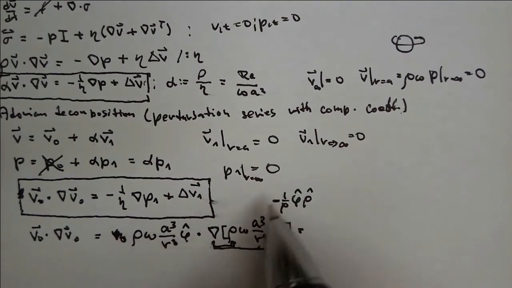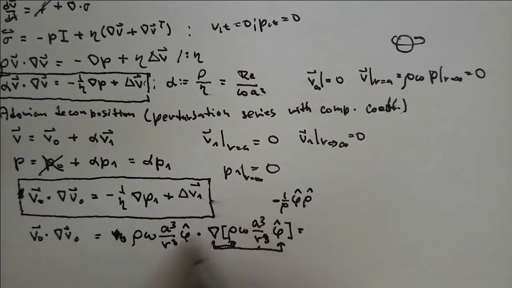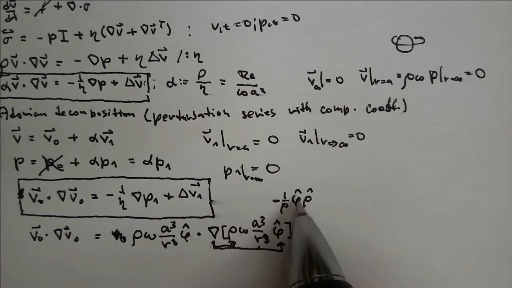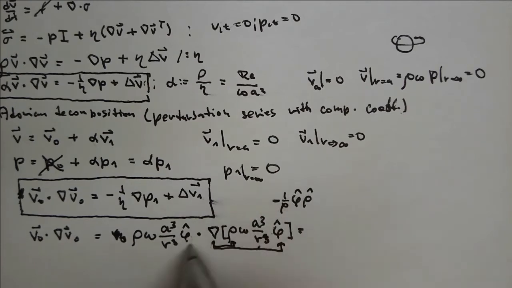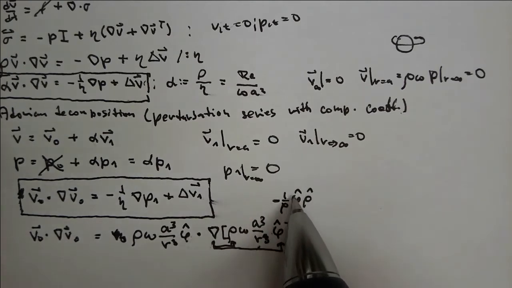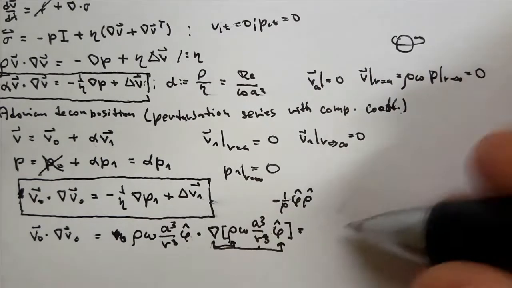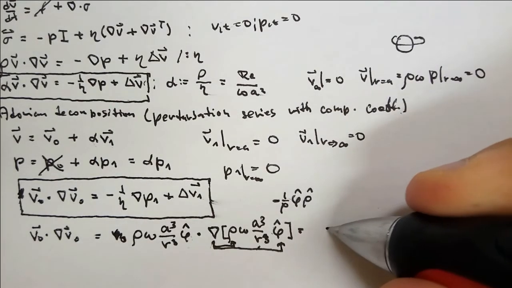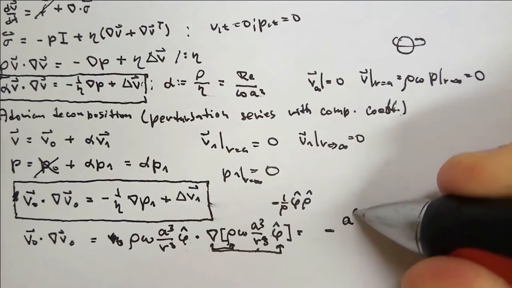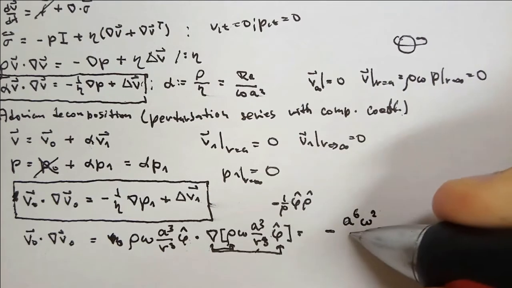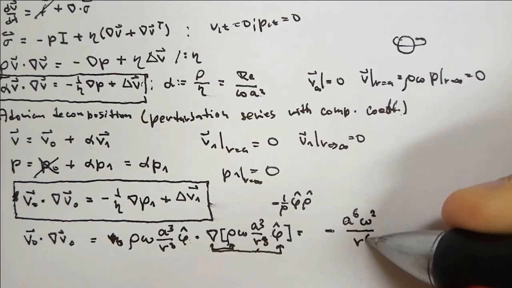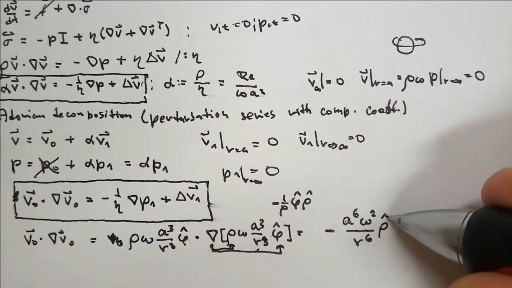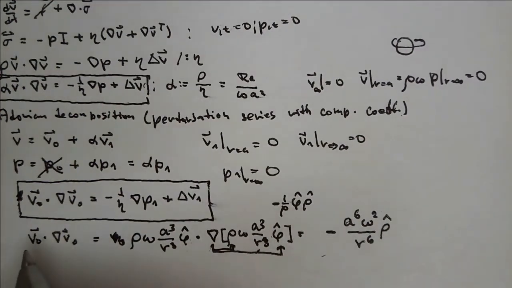It's rho to the first power, a to the sixth power, r to the sixth power, and this dot product is 0, because these vectors are orthonormal. So this is equal to minus a to the sixth power omega squared divided by r to the sixth power times rho hat. This is the equation for this.